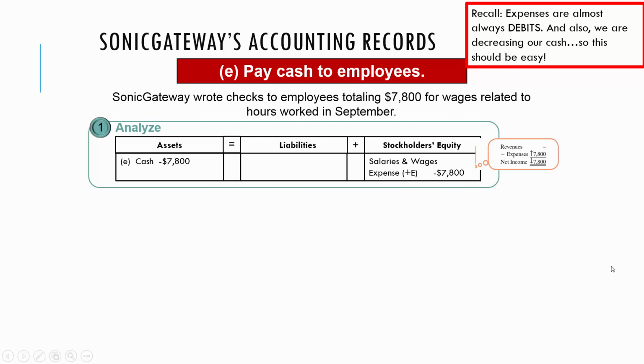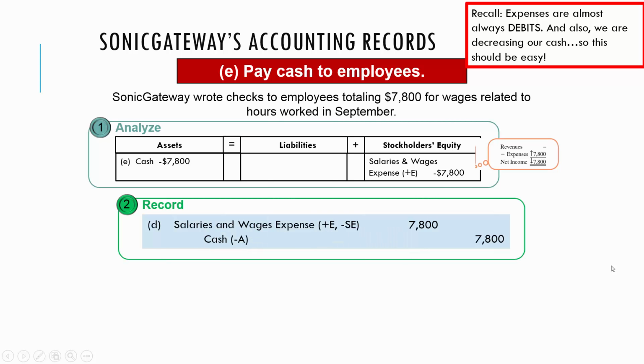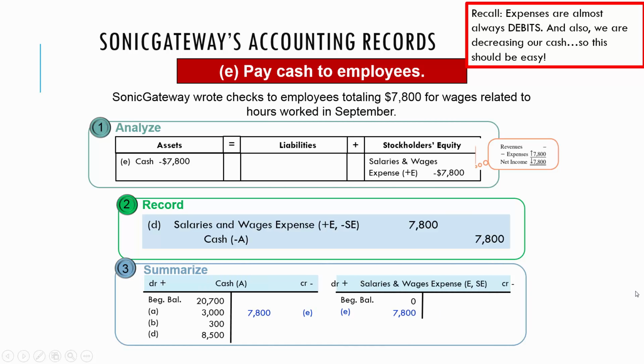But as I said before, the easy way to go on this is remember that expenses are debits. Expenses are debits. And on the other side, we're going to use up our cash, and to reduce cash is a credit. Again, you get a situation here where now our cash account goes down, and we are going to start showing expenses.